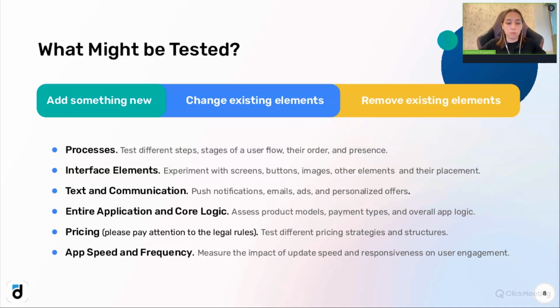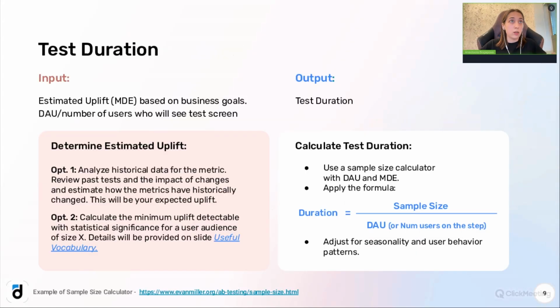You need to choose some meaningful changes. This approach ensures that every adjustment has the potential to provide meaningful insights into how change affects users.